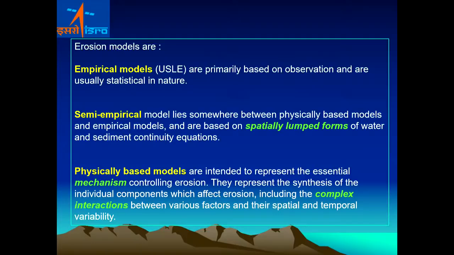We know only the relation of rainfall and soil erosion, and the relation of vegetation density and erosion rates. The statistical relationship has been developed based on observation by conducting experimental plots, as I showed you in the previous slide. And the first model developed was USLE, the Universal Soil Loss Equation.